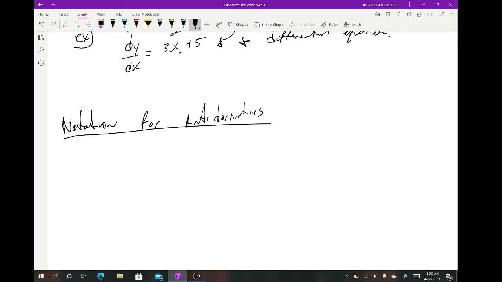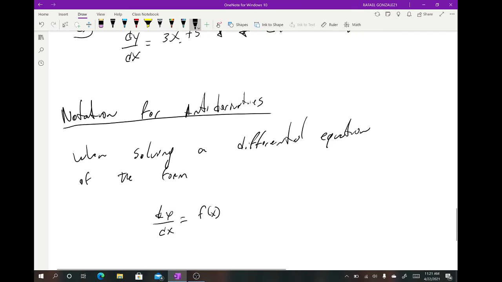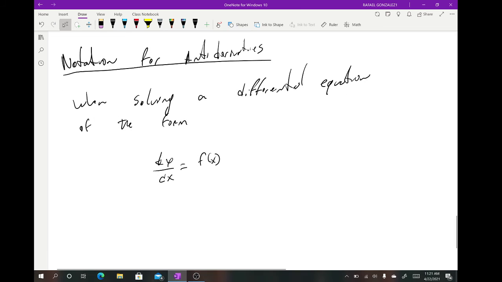Well, first of all, when solving a differential equation of the form, much like I had it up there, dy dx equals little f of x, it is useful to rewrite it in its equivalent form.